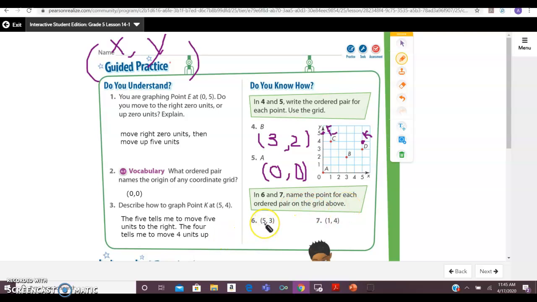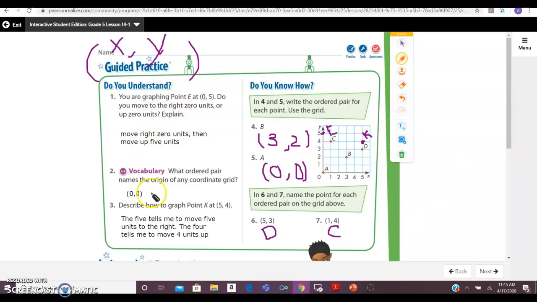So our ordered pair, the 5 is my X, so I have to go over 5. Then my 3 tells me to go up 3. At that point, I have D. Number 7. Number 1 tells me to go over 1, and the 4 tells me to go up 4. So that means my point will be point C.